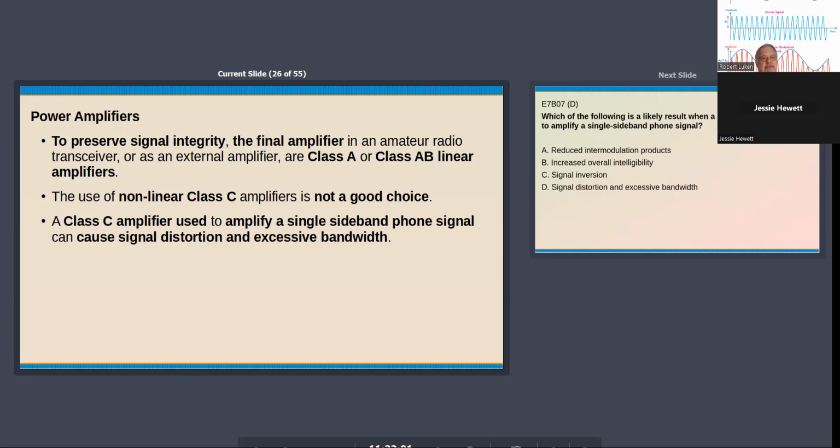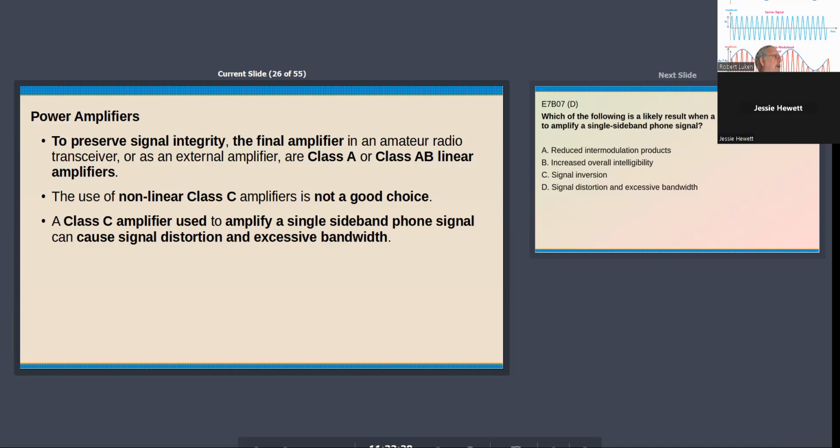Okay, so basically this is saying you normally would use a class A or a class AB linear amplifier if it's anything that requires linearity on the waveform, which you would do for phone or single sideband, which is phone.